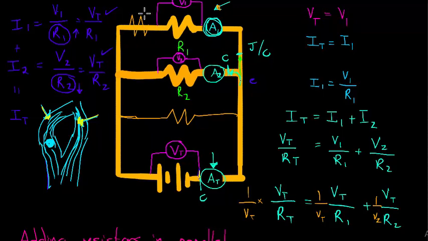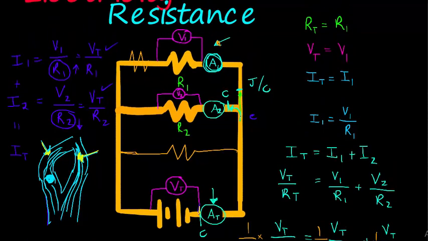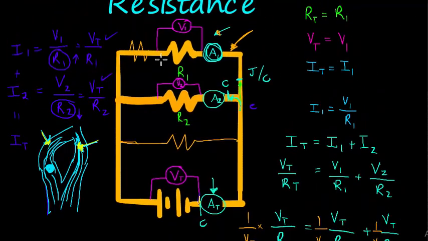If I added a resistor here, I am increasing the resistance in this branch, which means I'm adding a resistor in parallel. Now just notice, this voltmeter reading and that voltmeter reading will be different.